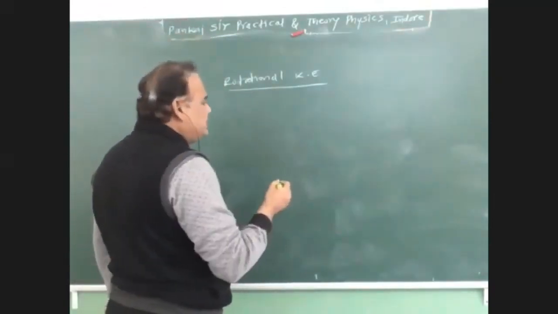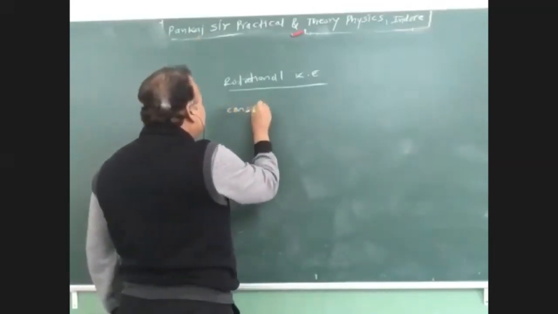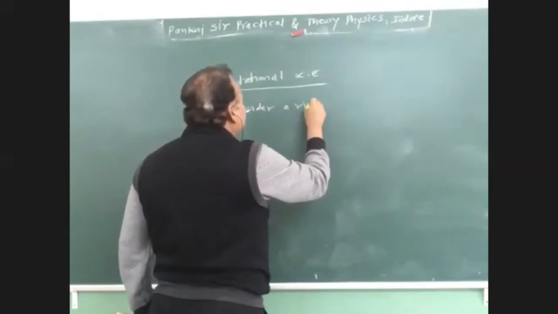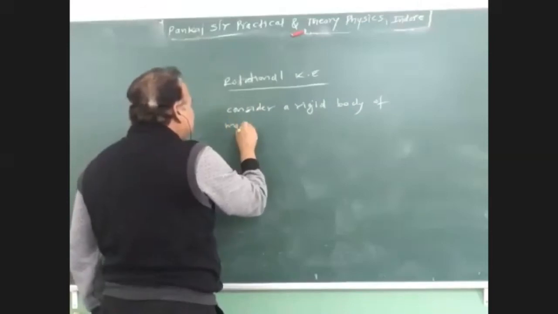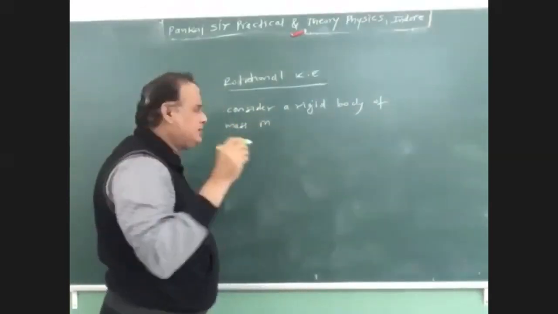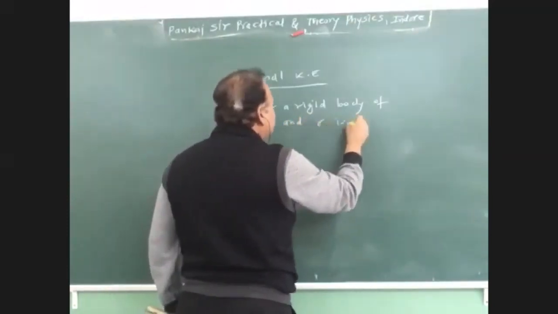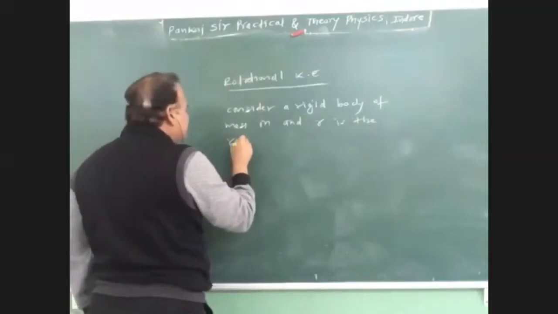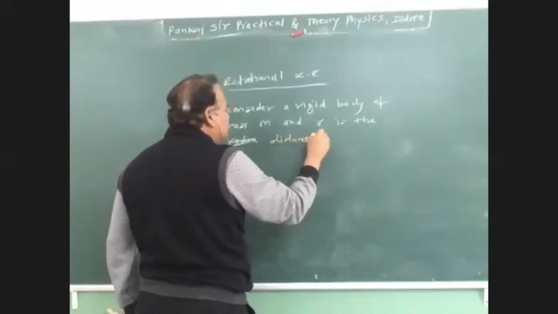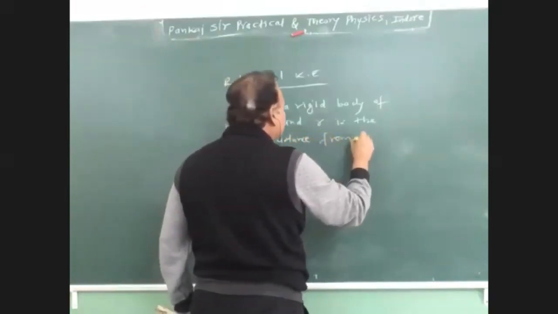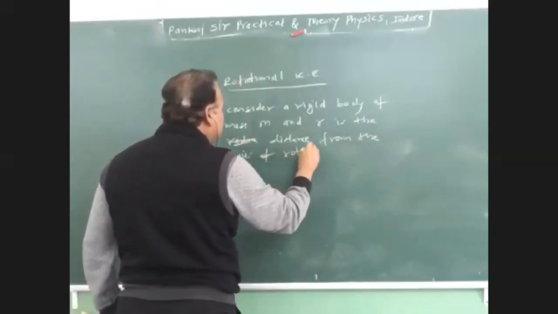So for rotational kinetic energy we have to consider a body first of all. Okay. So consider a rigid body of mass capital M, total mass ले लिया मैंने, and R is the distance from the axis of rotation.